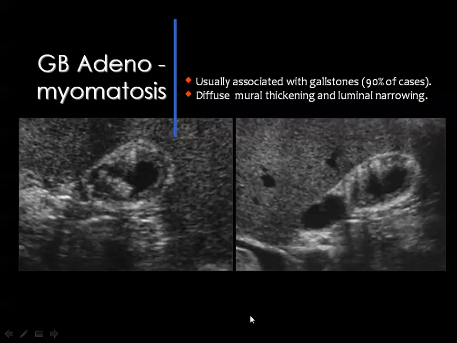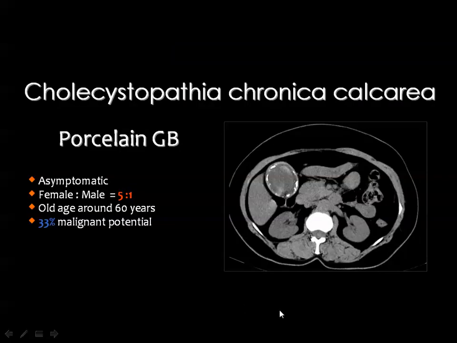And this condition may be focal or diffuse, meaning that a part of the gallbladder may be affected and part may be free, or the whole wall of the gallbladder may be affected. And you see there is considerable thickening of the gallbladder wall with significant encroachment on the lumen. Then porcelain gallbladder means that the gallbladder wall is calcified, and this is also known in the literature as cholecystopathia chronica calcarea.